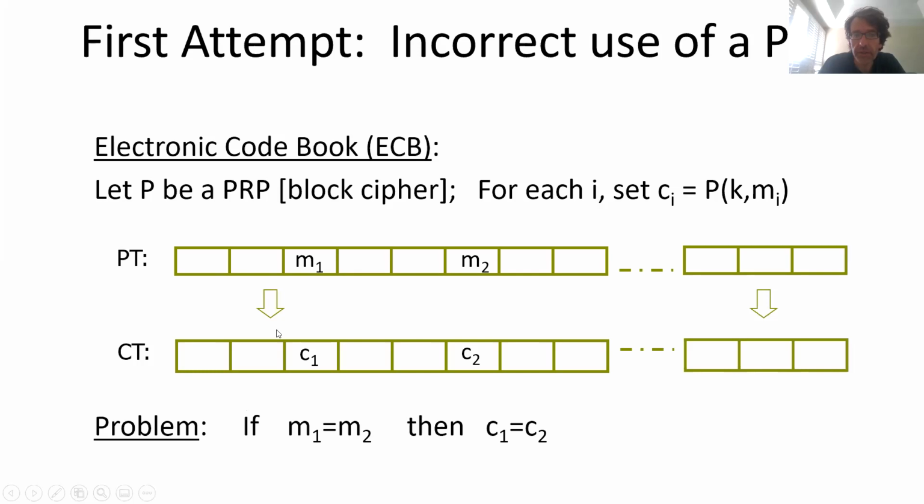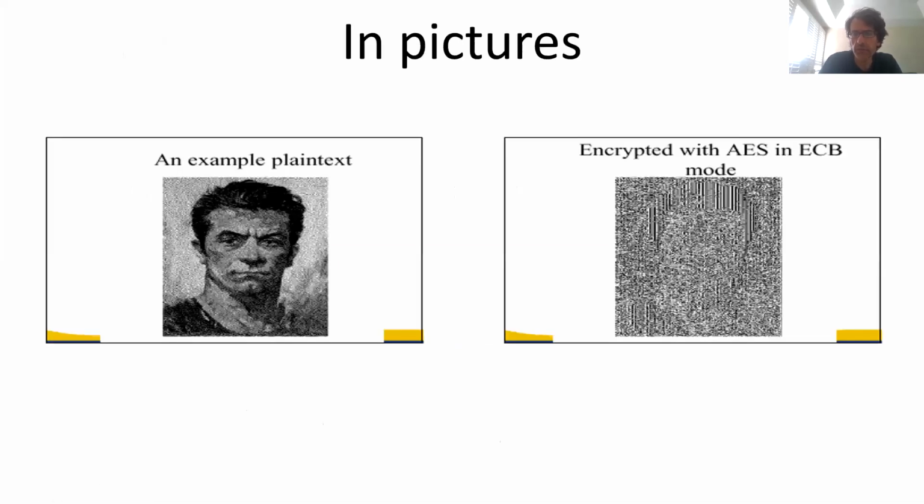The problem is that if the plaintext contained two blocks, divided by block size, which were identical, then the corresponding blocks in the ciphertext will be identical as well, because this is a deterministic procedure. If you feed it the same input, it's going to give you the same output. And this means that it's not even indistinguishable.